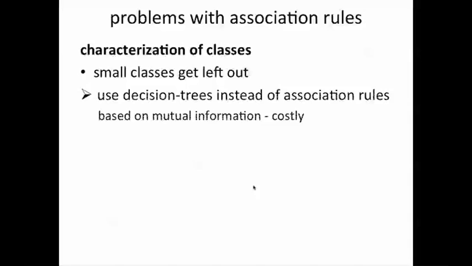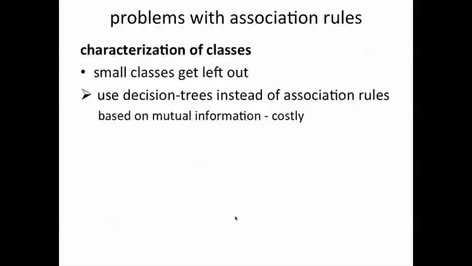For such situations, one doesn't normally use association rules, but instead uses what are called decision trees. Now, we won't go into decision trees in detail, but it suffices to say that they are based on mutual information, so they are able to compute the mutual information between each feature and each set of features with the class in question, very similar to the calculations we had done earlier of mutual information between different features and the class being decided.